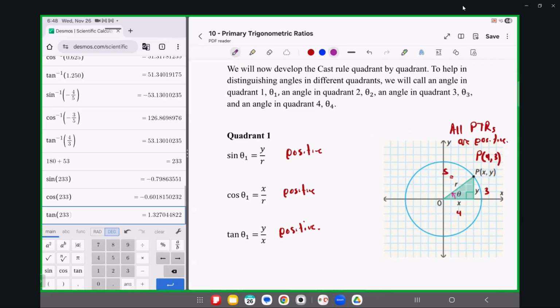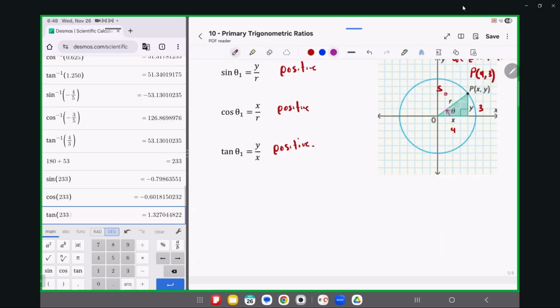In example 1, we know that the angle's in quadrant 1. So for quadrant 1, theta will be between 0 and 90 degrees. That's not too shocking to figure out. And we can see that that's the case because it forms a right angle. So it's between 0 and 90.